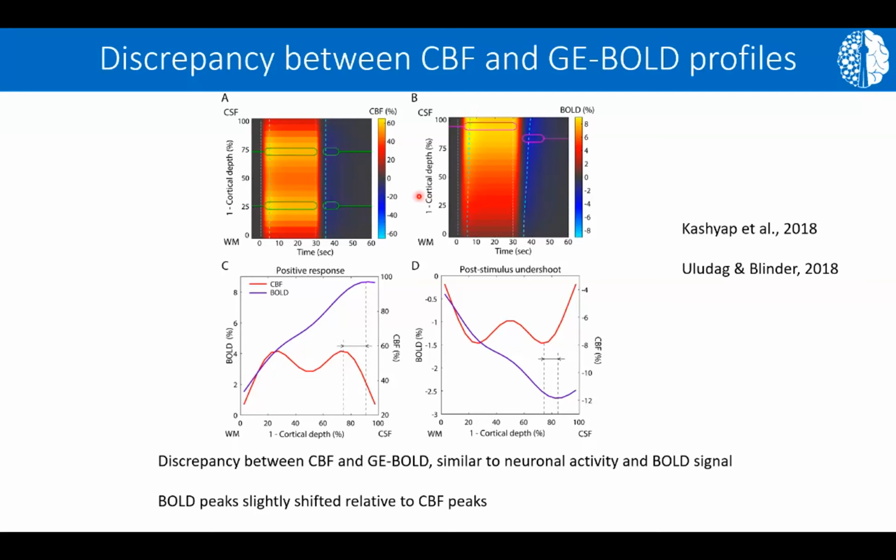So it's very, very difficult to imagine that this increase from the bottom, from the white matter to CSF, is actually caused by these two peaks in the blood flow. And the blood flow is a good reflection of neuroactivity. To first approximation, we assume that blood flow is a good representative of the laminar profile of the neuroactivity. Whether this is correct or not, this is another debate.